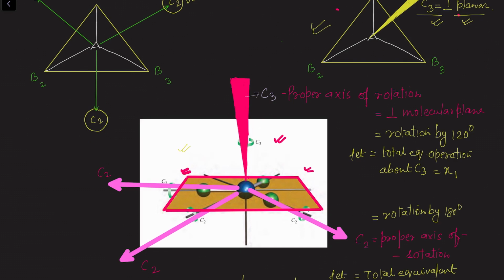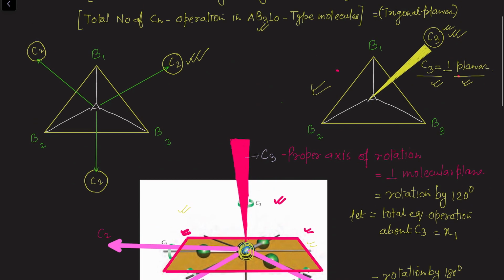Now this C3 axis is perpendicular to this plane and passing through the central atom A. This is the central atom A. So in this structure, this C3 which is present here is perpendicular to this molecular plane.